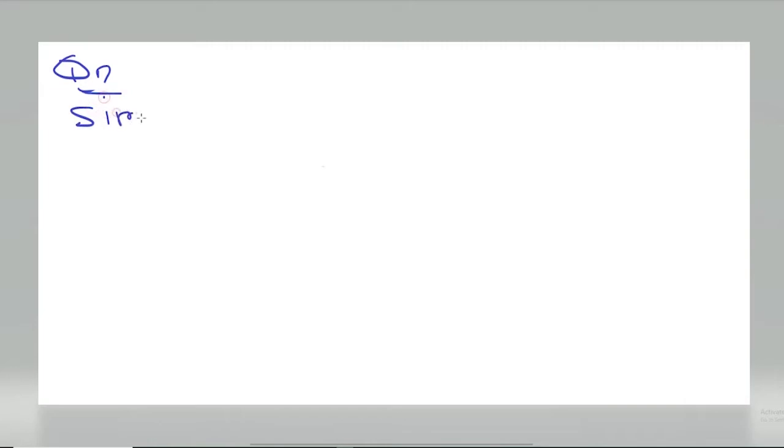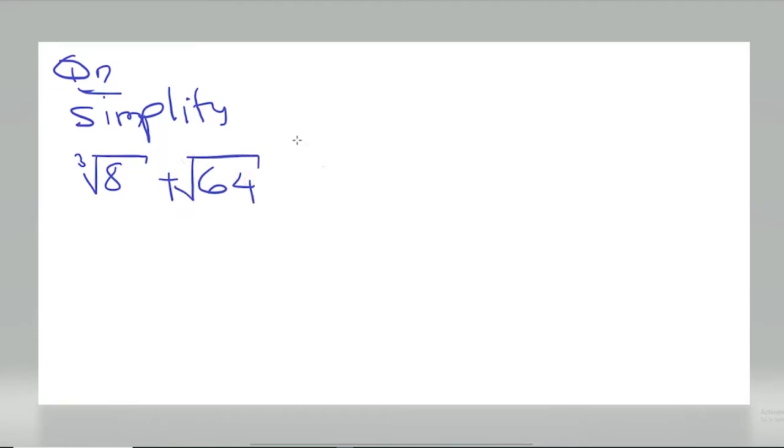Simplify this question: the third root of 8, plus the square root of 64. Simplify as much as you can.